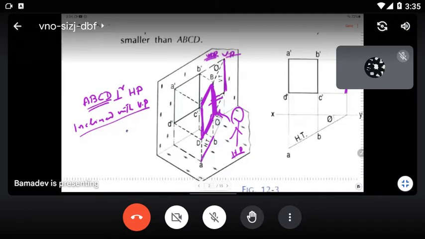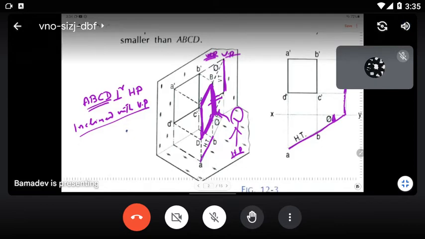Then you will draw the horizontal trace. How to draw the horizontal trace? Drop a projector from here, right? Since this plane has angle psi with the vertical plane, you draw an angle psi and extend this line, and just cut this length, keeping in mind that this side is known.